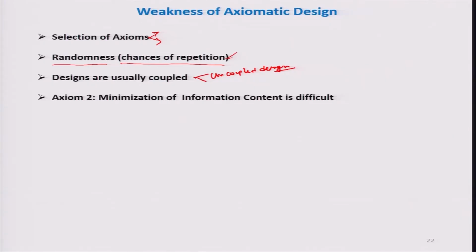The last one is axiom 2, the minimization of information content. As I said earlier, it looks very easy, but it is not an easy process to reduce the information content, because when you start the designing process, you will find that some parameters are very difficult to remove from your process.